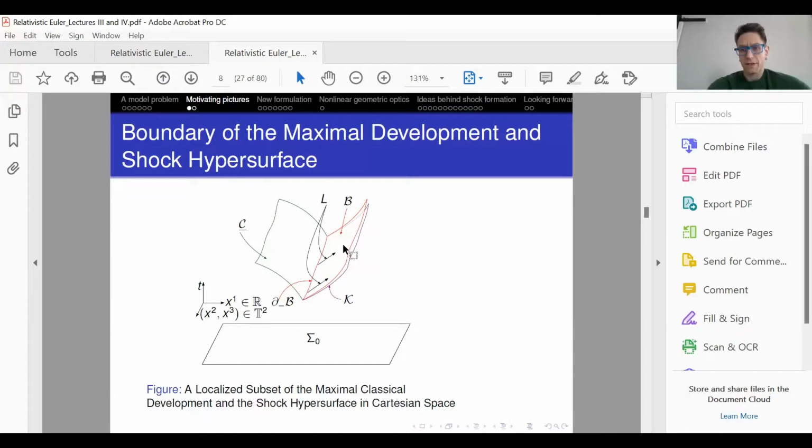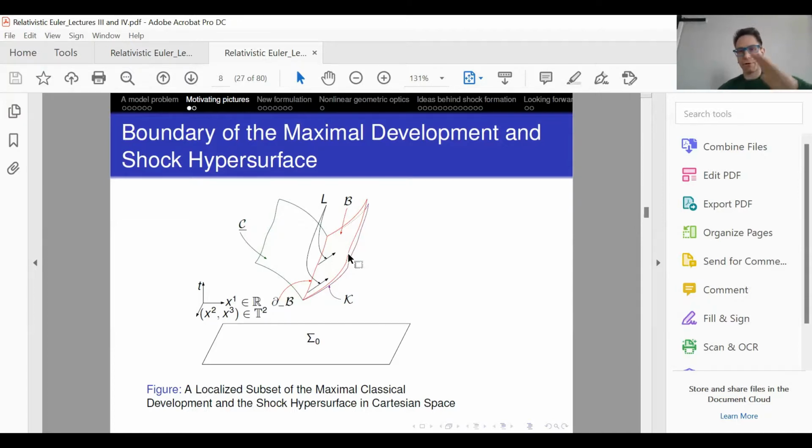I'm not showing the characteristic hypersurfaces in this picture, but basically they're piling up along the singular boundary, and that's resulting in a singularity. One of the great degeneracies of this problem is that this singular boundary B is foliated by integral curves of a null vector field called L. So in a certain sense, the singular boundary is also a null hypersurface. It's a very borderline, delicate kind of object.